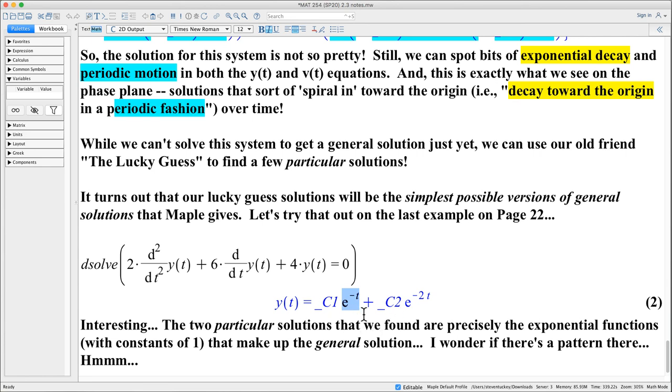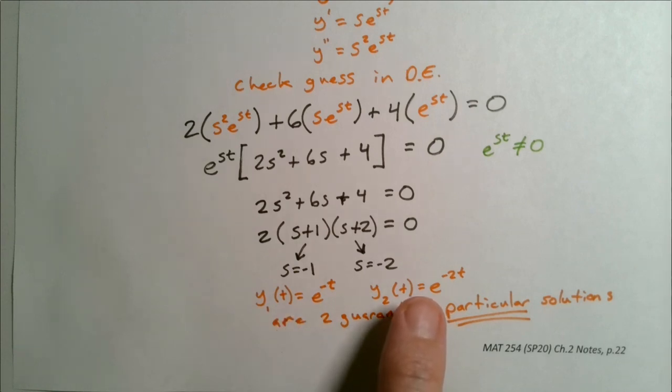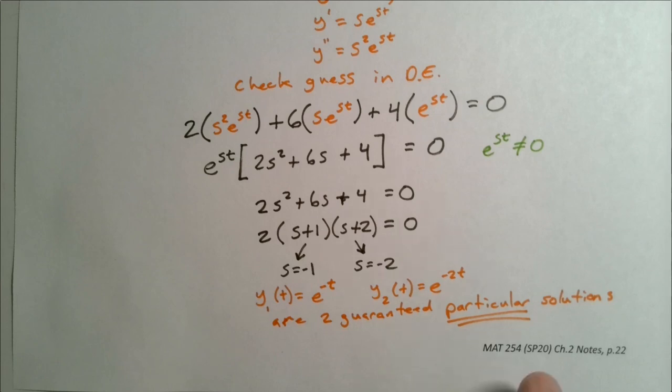If I let constant 1 be 1 and constant 2 be 0, then we'd be talking about my solution number 1. And if the roles were reversed and constant 1 was 0 and constant 2 was 1, then we'd be talking about this particular solution. So the general solution pans out, and this lucky guess method really does work for giving us two guaranteed particular solutions.